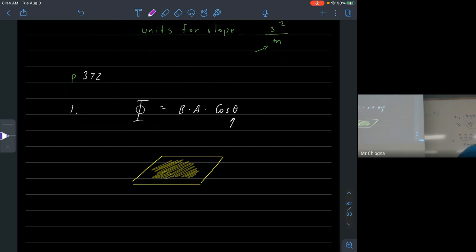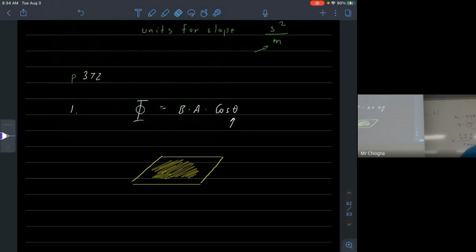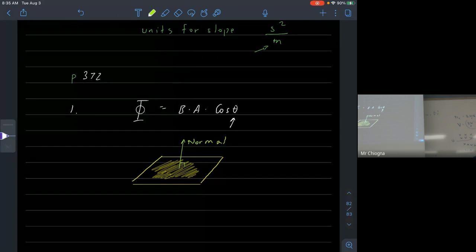There is a line that passes. It's probably not as clear as I should be. Make it yellow. There's a line that's perpendicular to the surface. Okay, that's the normal line.